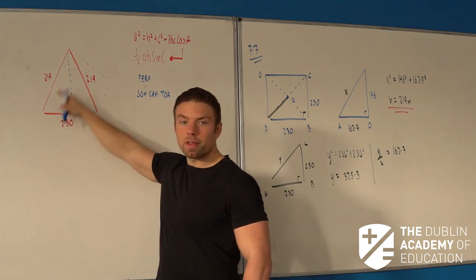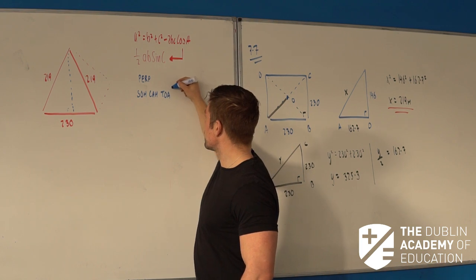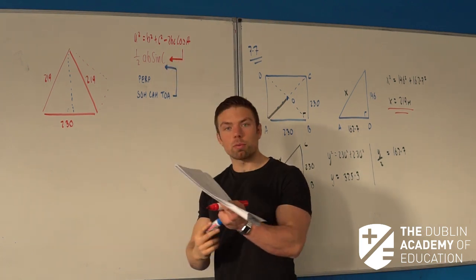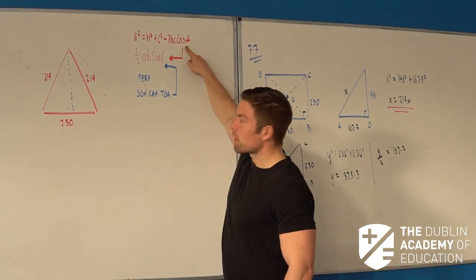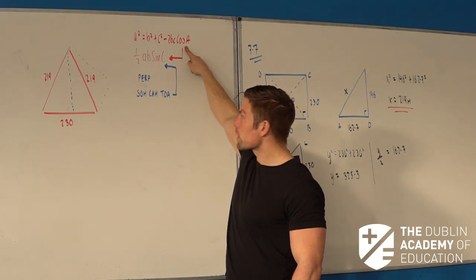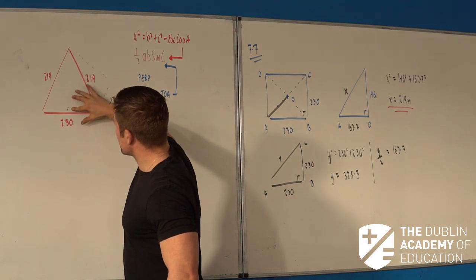And then from that, we would get one of the angles and we could stick that into half AB sine C. So that's not a problem either. But again, they're long ways, and that could present loads of potential for mistakes, using the cosine rule to find an angle. So the way that I'm going to show you is another way that you can do it.